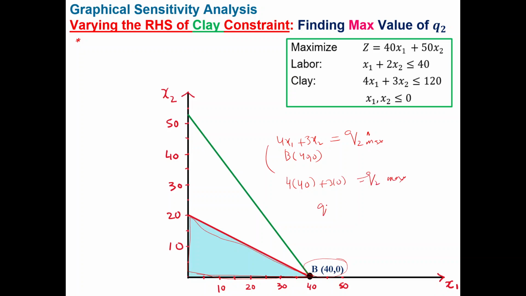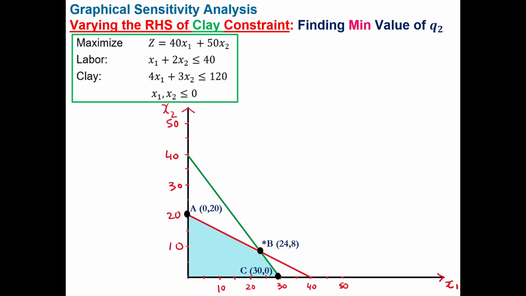That means q2 max is equal to 160 pounds. So this is the maximum value of the clay that we can use, and we will still end up with the same solution structure.